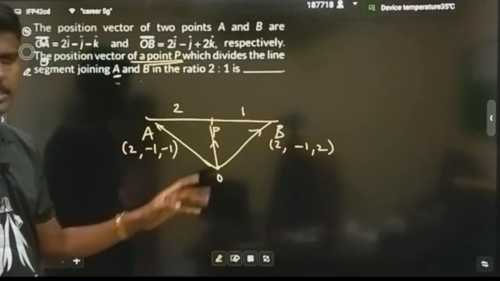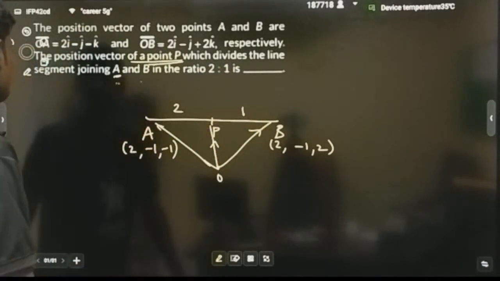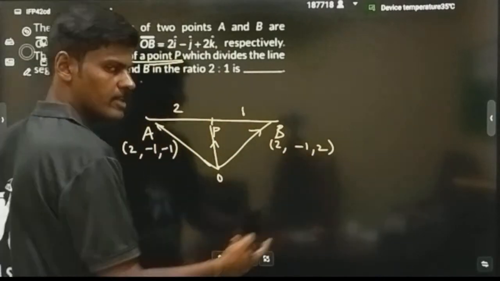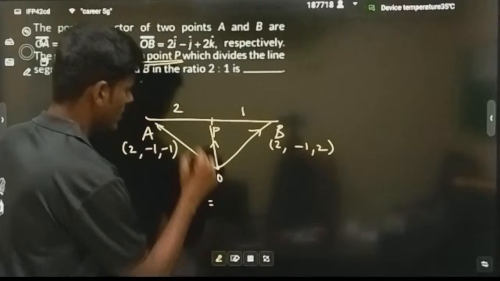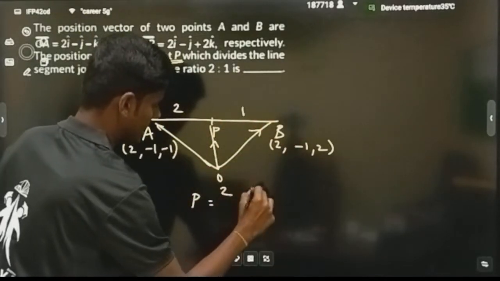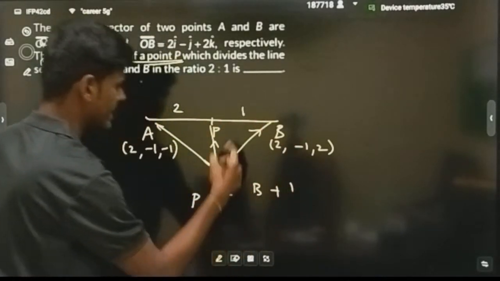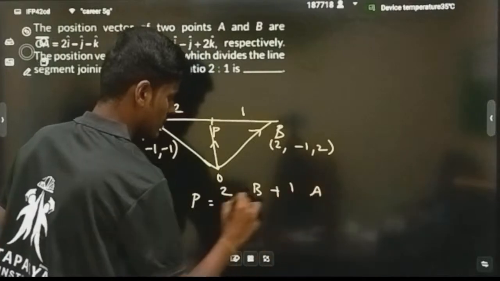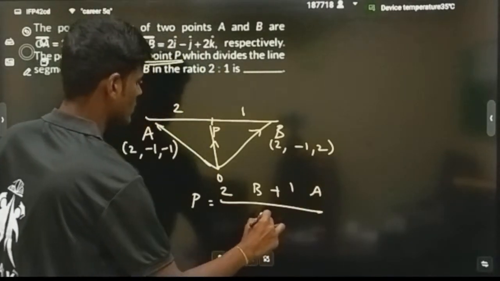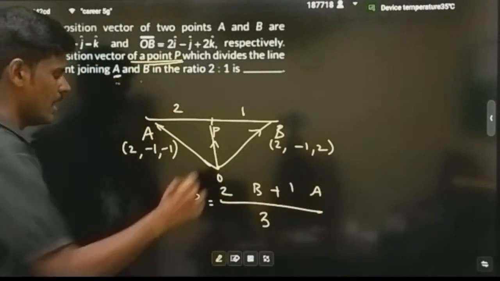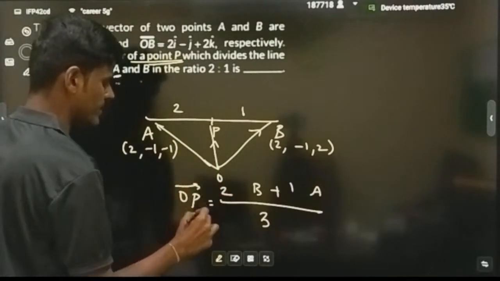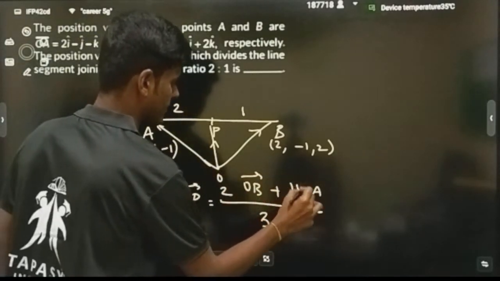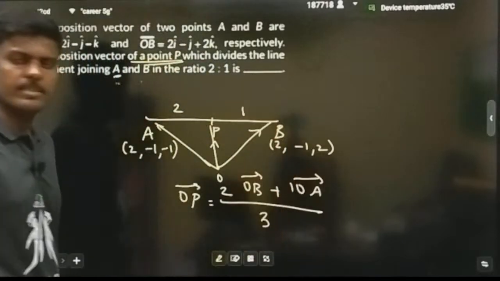As this point divides AB internally, then what is the answer? Obviously we can write P is equal to 2 times B plus 1 time into A divided by 2 plus 1, that is 3. And what is this point with respect to O? So it is OP vector, 2 OB vector plus OA vector divided by 3.